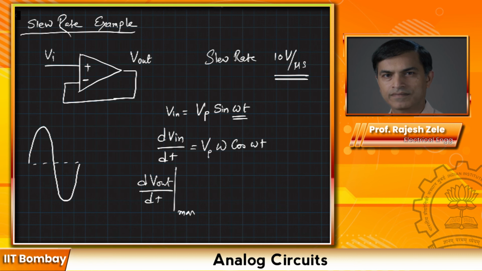So this would be Vp times omega, and we can write this as Vp times 2 pi f. Now let's say I'm applying a signal of frequency 10 megahertz and Vp is equal to 1 volt.